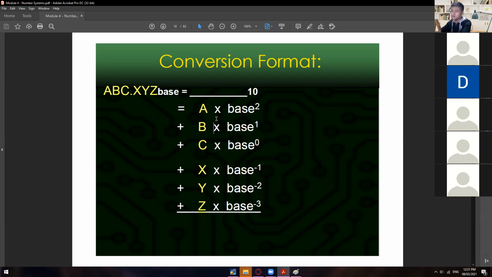The next thing you need to do is multiply everything by its base. The base right here could be binary, so times 2, could be times 3, times 4, times 5, or it could be up to hexadecimal, so up to times 16. And then the numbers right here are the things that you guys need to worry about. Starting from the decimal point, we have here the integer part.